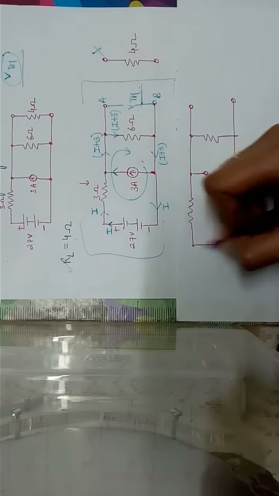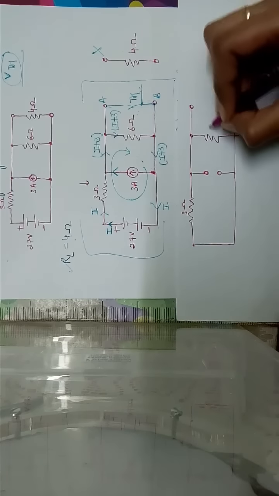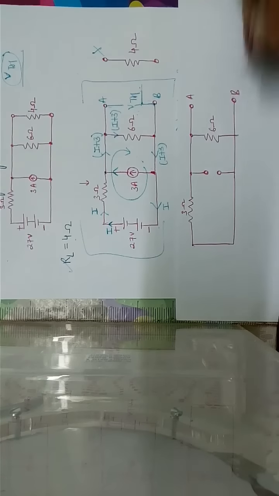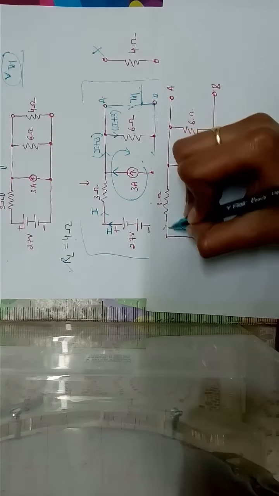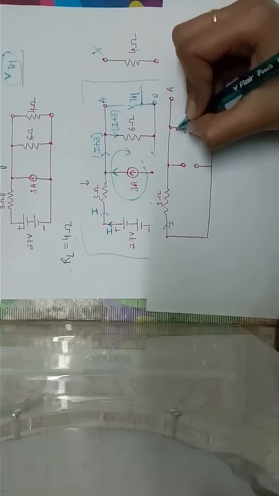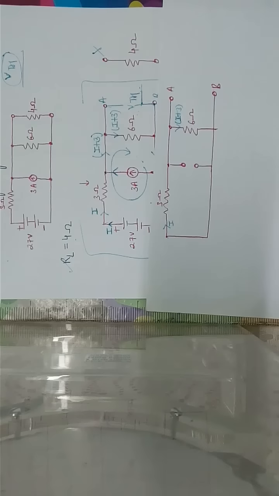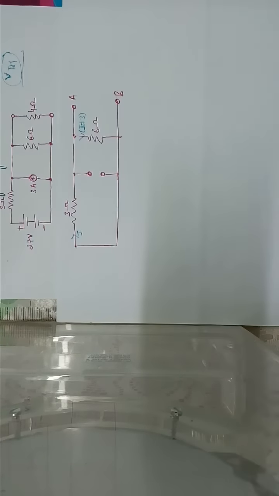This was already open and this has been short circuited. So we get this 6 ohm resistance and this is AB as we marked. Now we can even mark the currents. Over here this was I and over here we had I plus 3. Fine. Now we take into consideration this circuit.